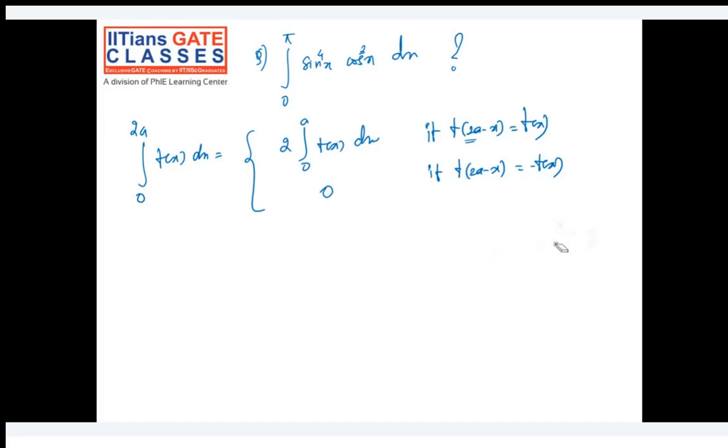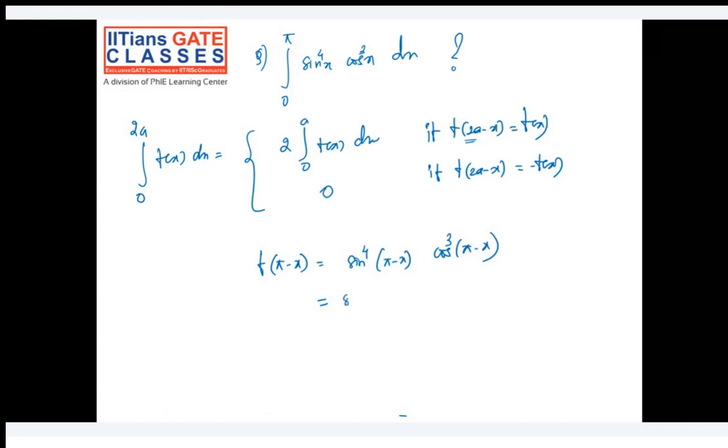So let's check. 2a in our question is pi. f of pi minus x is what? Tan raised to the power 4 of pi minus x, cos raised to the power 3 of pi minus x. Sine of 180 degree minus theta is sine theta, so it's again sine raised to the power 4x.